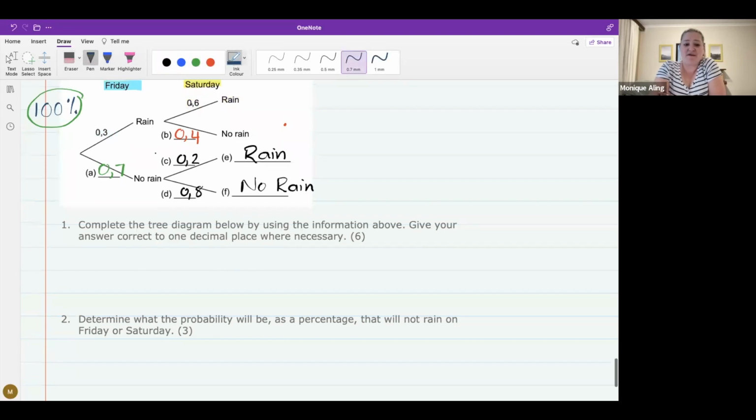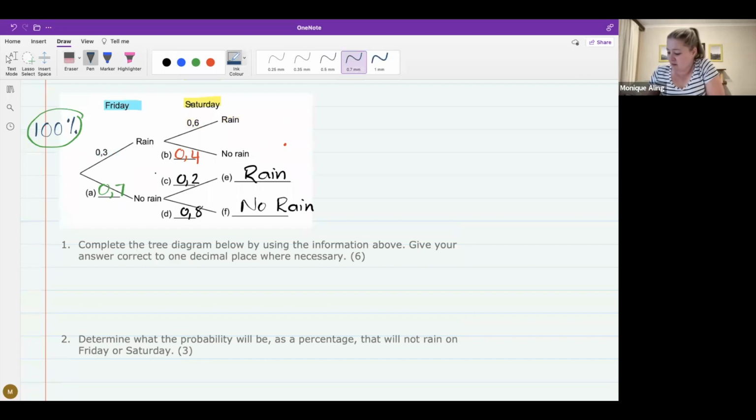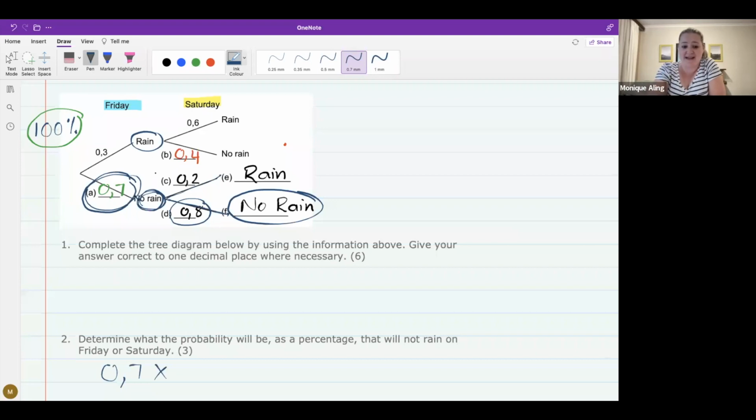Okay, so if we look at Friday, we have rain, no rain. So we're wanting no rain on Friday. So no rain is going to be 0.7 times by. So now we're still looking at the no rain side over here, but we want no rain on Saturday as well. So that is our 0.8.